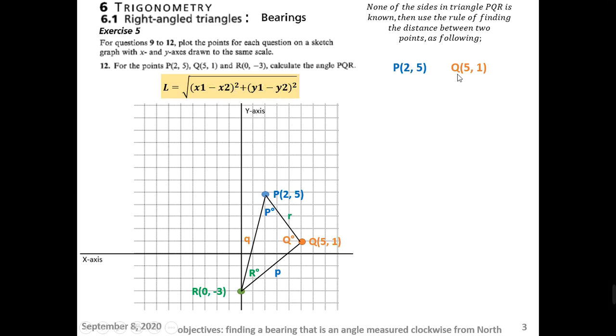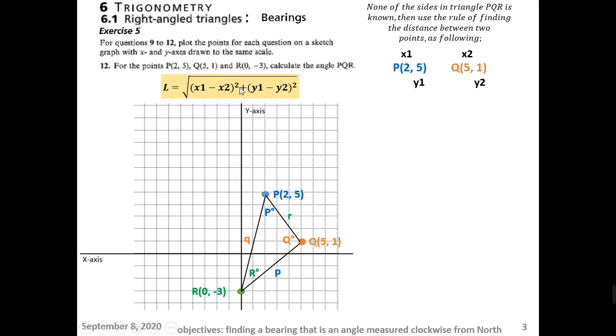So, since we have the 2 points here, we need at first to identify x1 and x2 as following. x1 is 2, x2 is 5. And then we need to identify y1 and y2 as following. y1 is 5 and y2 is 1.